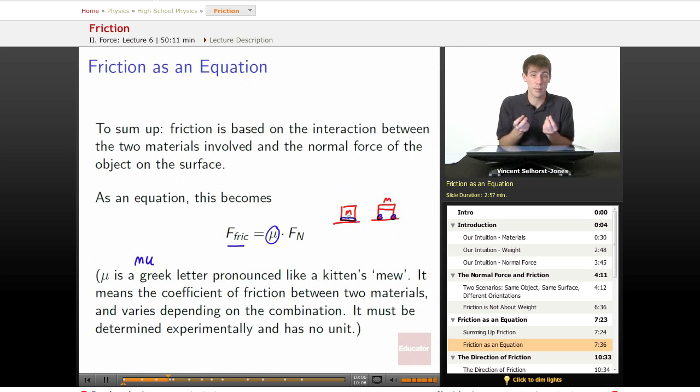Whereas in the table example, where we've got just those little feet contacting, it's going to be the same pressure, but it's going to be over a small area. So the total effect is going to be the same. Either a small force per area, but over a large area, or a high force per area, but over a small area, the total effect of the pressure is going to be the same. So you don't have to worry about the cross-section, you just have to worry about the interaction between the materials.